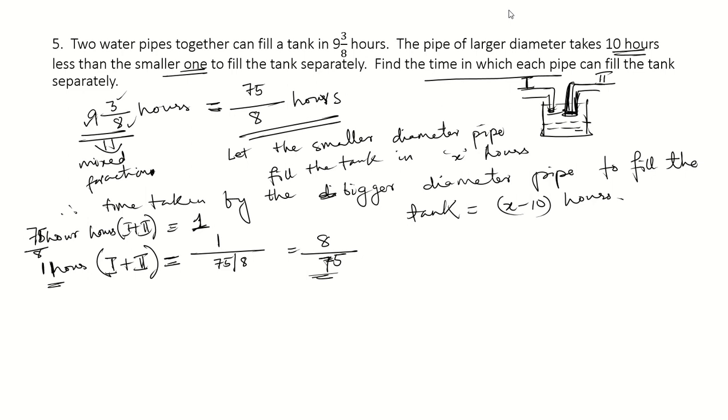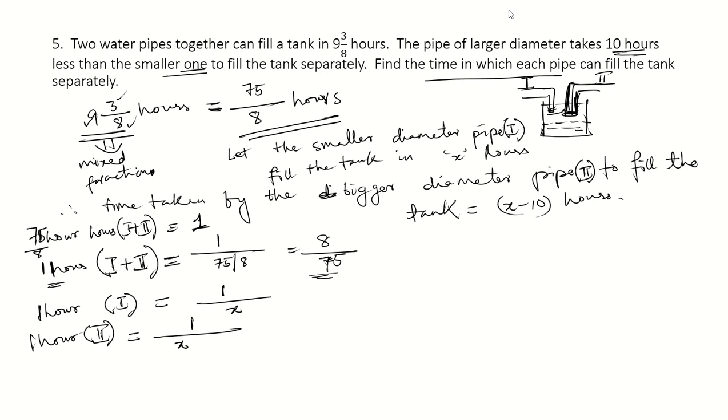Now it's given that the smaller diameter pipe takes x hours to fill the tank. Individually, in 1 hour, pipe 1 will fill 1 divided by x. The smaller diameter pipe is 1, and the larger diameter pipe is 2, just to make it easier. So in 1 hour, pipe 2, the larger diameter pipe, will fill 1 divided by x minus 10, right?